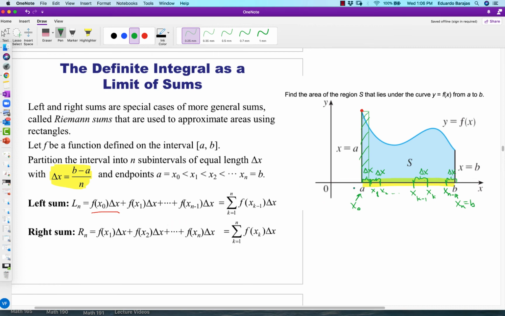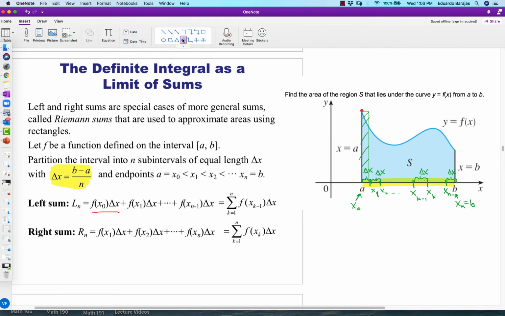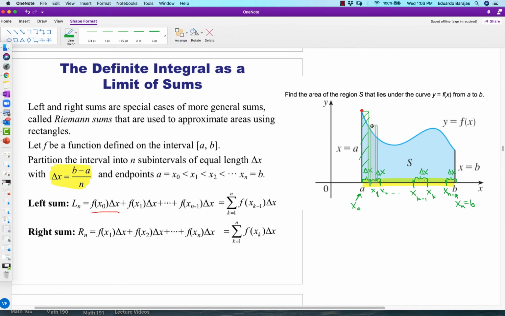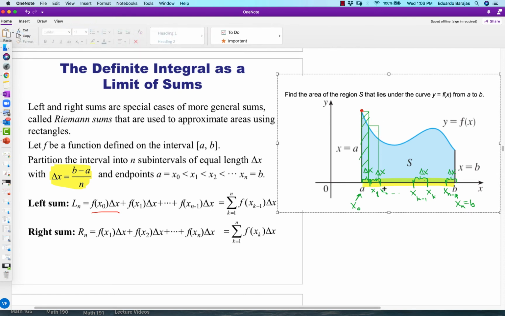Next, the one that came right after it, let's insert another rectangle there. This time we put another rectangle there, and it goes up to around there. I know they're supposed to be the same width, but it's kind of ugly, but you get the point.